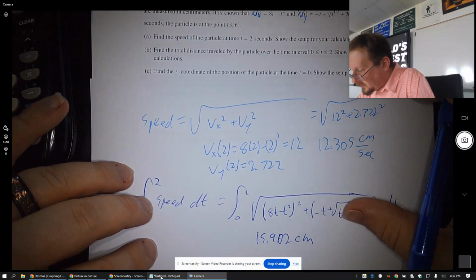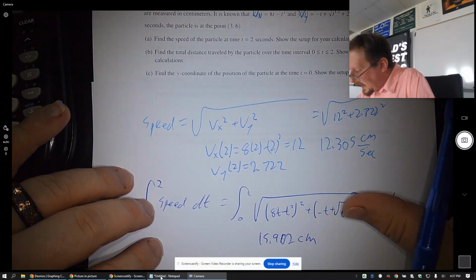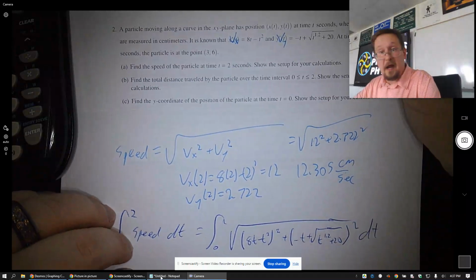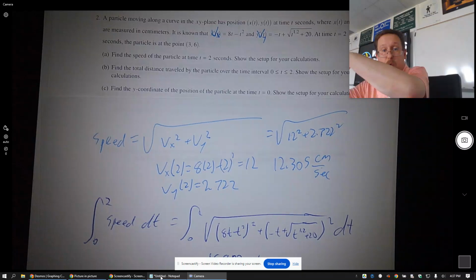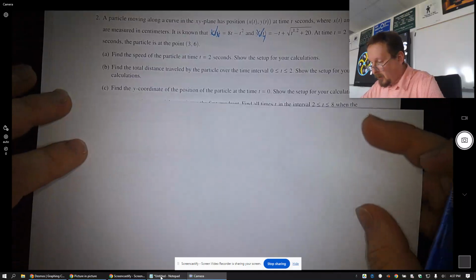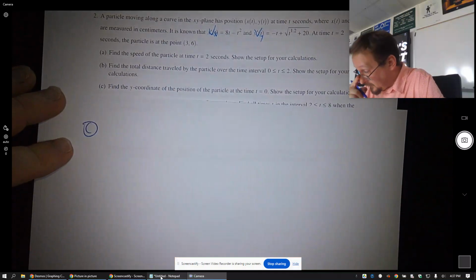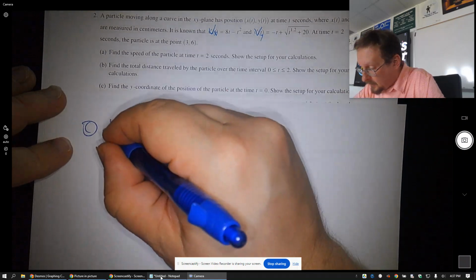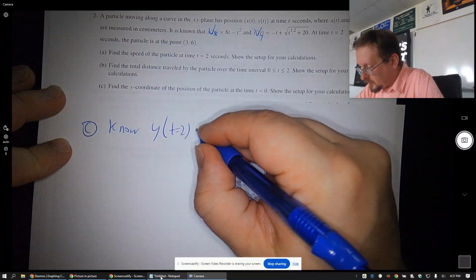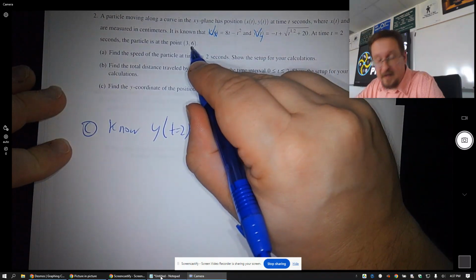Find the y coordinate of the position of the particle at time t equals 0. Show the setup for your calculation. So how am I going to find the y coordinate? For part C, I know that y at time equals 2 is 6. It says that right there.